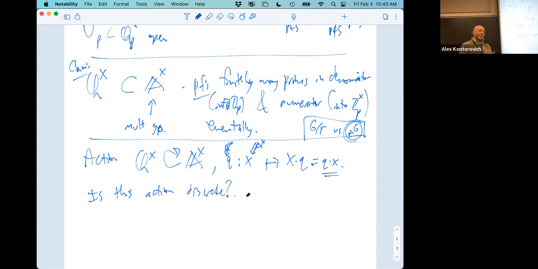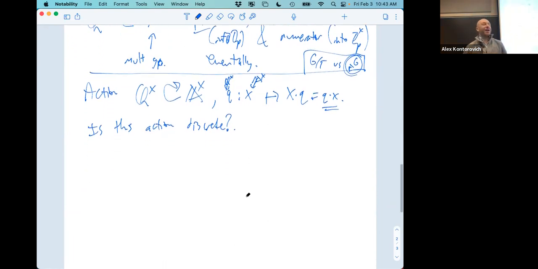So now I can't speak about zero. Zero is not the thing that I want to look at. Does discrete mean the only thing that does nothing is one? Yeah, there's a better definition, which is discontinuity. An action is discontinuous if, when you have two compact sets, only finitely many motions of one set intersect the other. That's what it means for an action to be discontinuous.